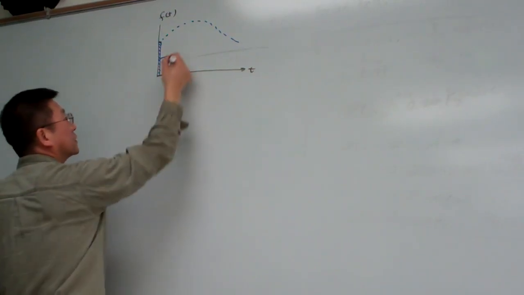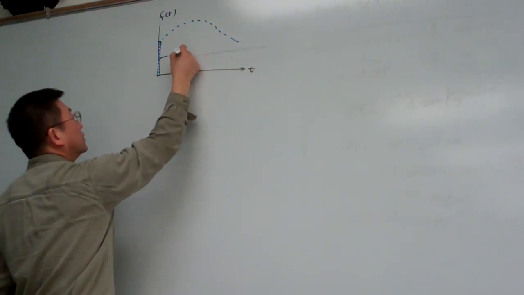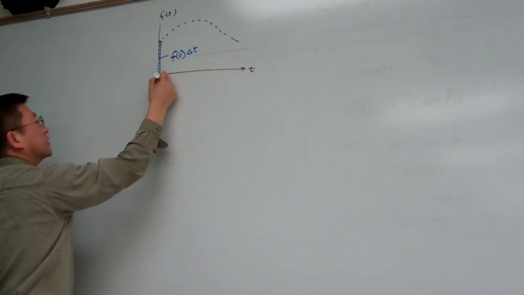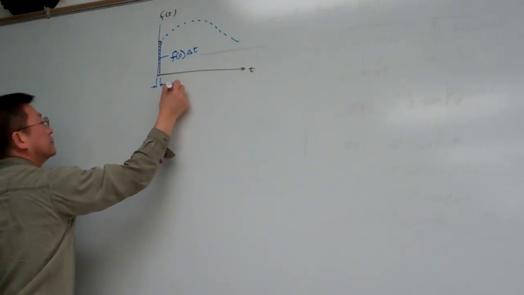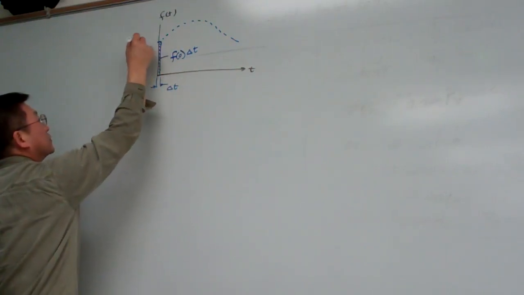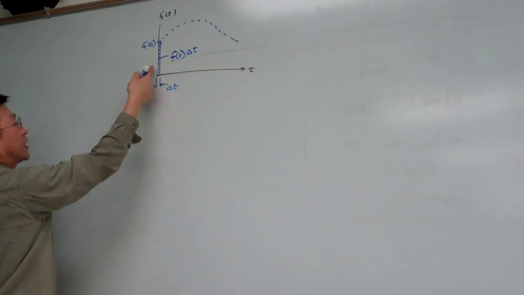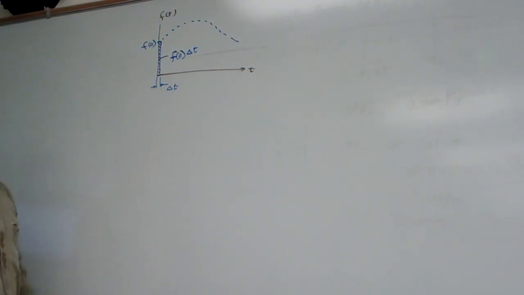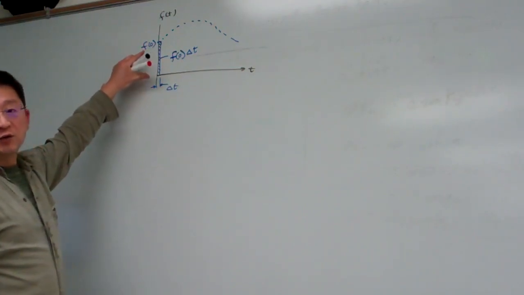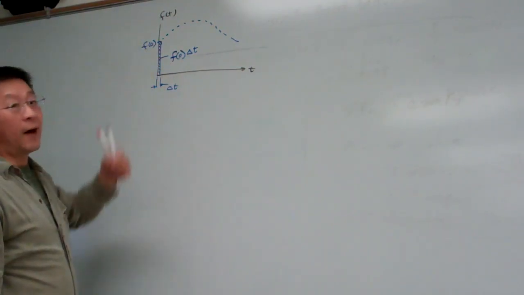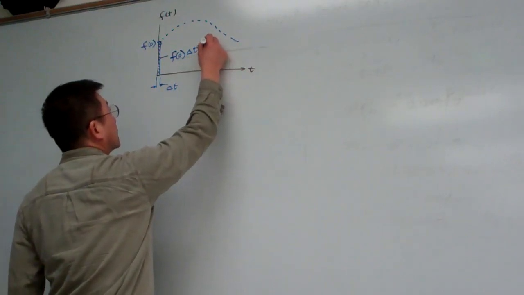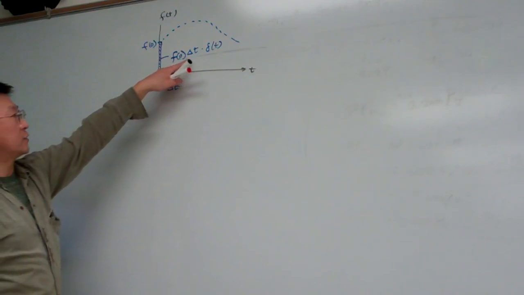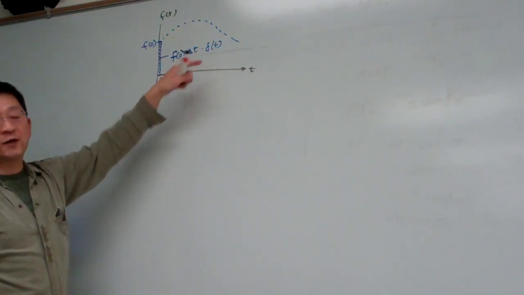This pulse function is equal to F0 times delta t, where delta t is the width and F0 is the magnitude, so its area equals the height multiplied with the width. This is a pulse-like function with a magnitude.